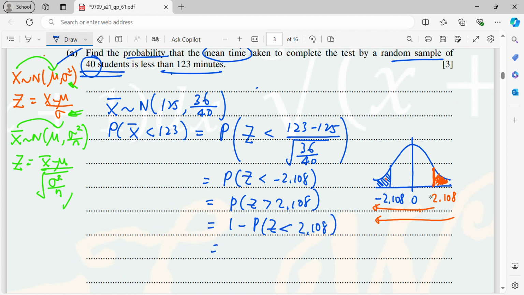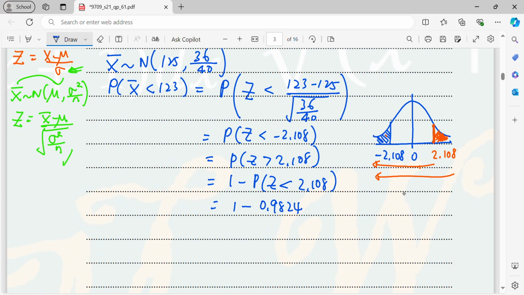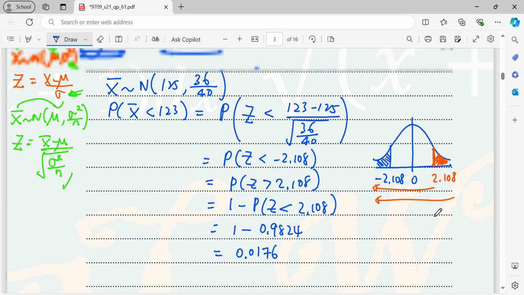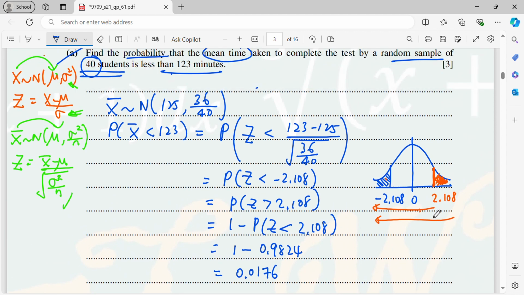Now just read the probability from the table. You will be getting 0.9824. And then when you calculate this value, that is going to be 0.0176, which is 3 significant figures. So that's the solution for A.